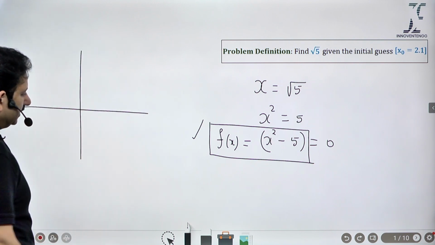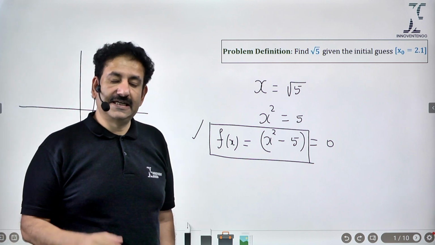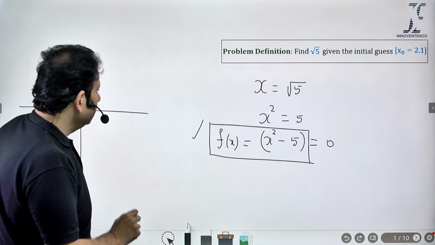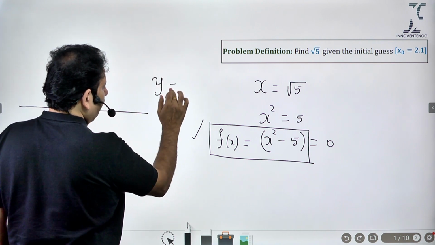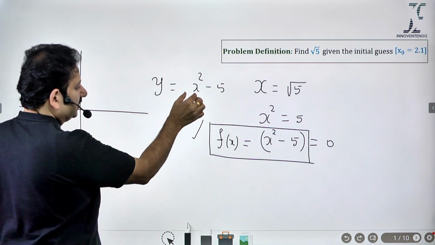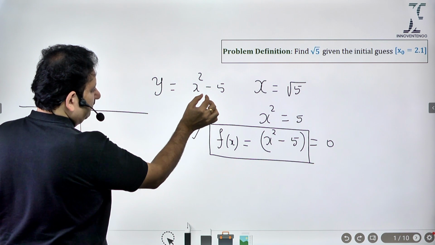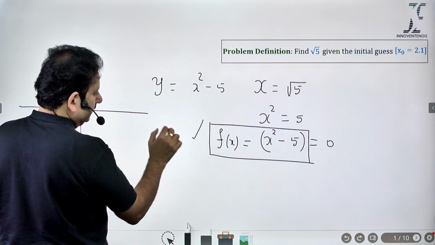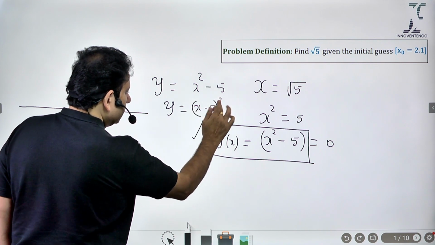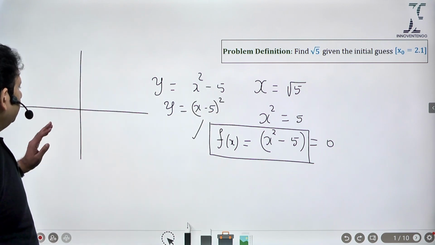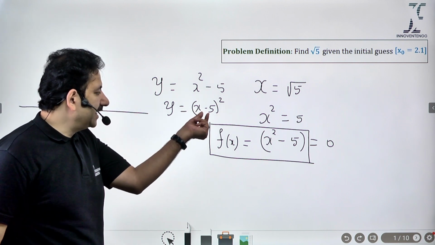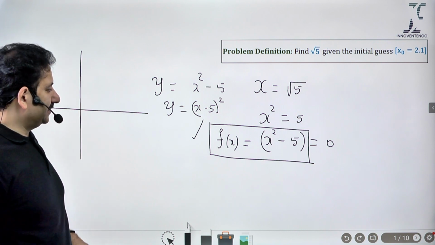You now recall the shifting of the function that we discussed under Laplace transform. That means if I am talking about a function y is equal to x square minus 5, if I were to subtract this particular value, that is 5, from x, then the parabola would have shifted either to the right or left, depending on whether I am subtracting or adding 5 from this x, right?